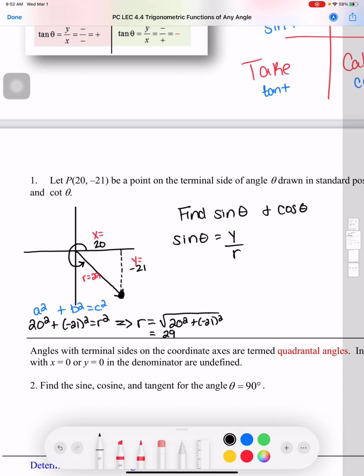That means my sine ratio is going to be negative 21 over my radius, which is 29. And then my cosine theta, we understand to be x over y. So now I have my x is 20, and my y is negative 21. And so I can just leave it, or I could just put a negative 20 over 21.